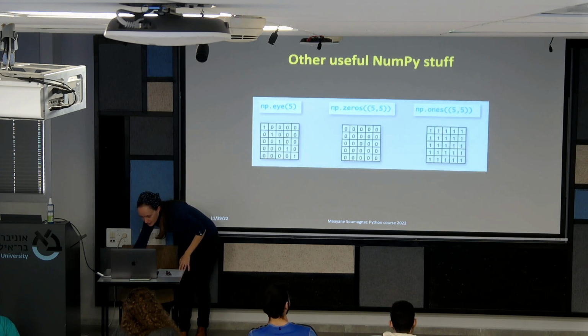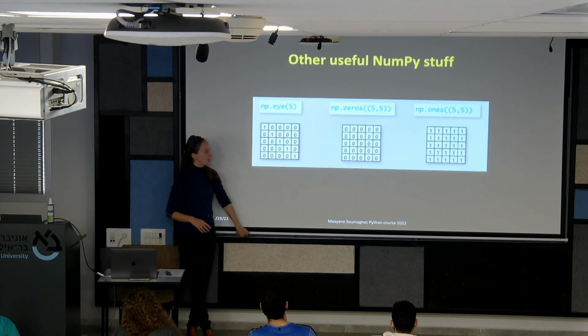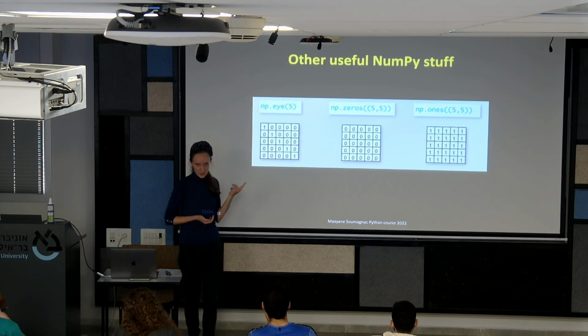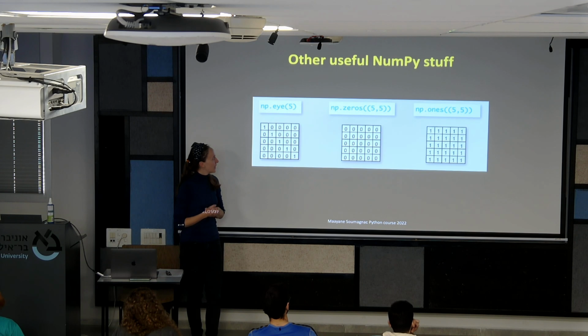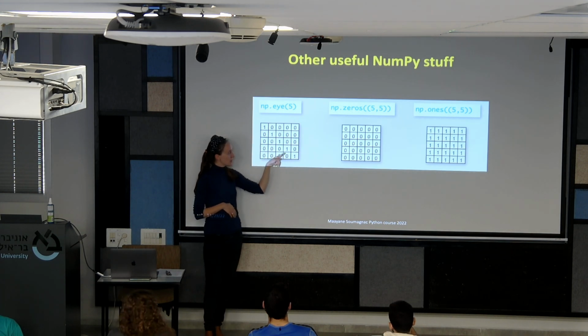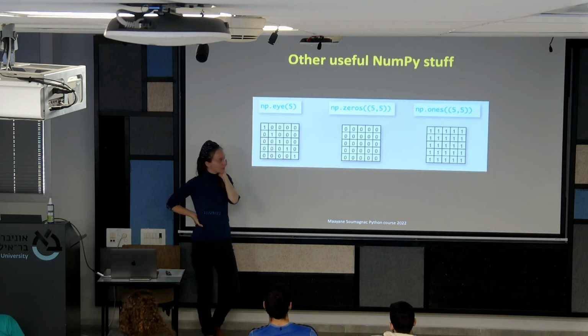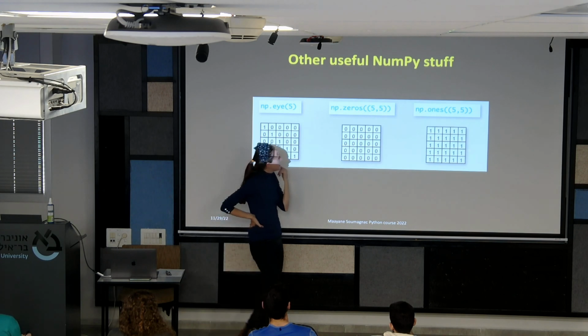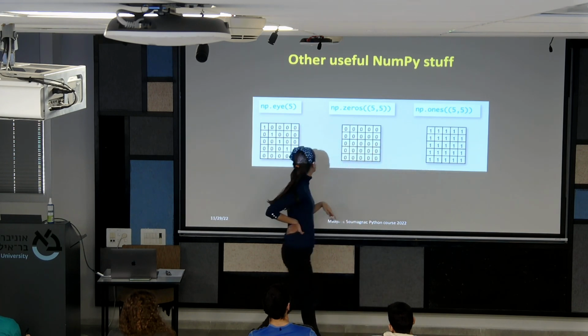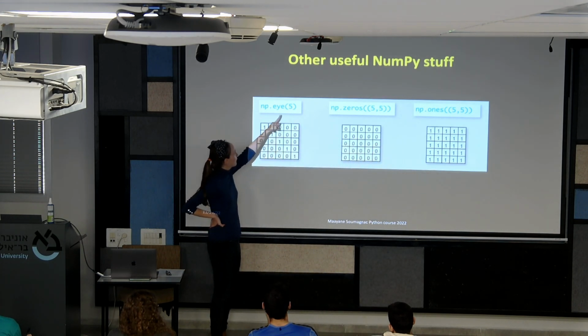Of course. Okay, and these two, I'm not opening PyCharm as long as we're repeating things that I've already shown last time, okay? So we mentioned another bunch of good to know features of Numpy. So if you want to produce the identity matrix, there is this function Numpy I, and Numpy ones is filling the matrix with ones, and you should take care of the parentheses here.